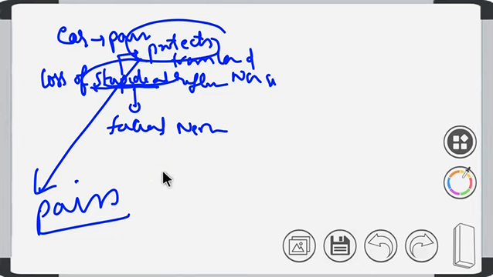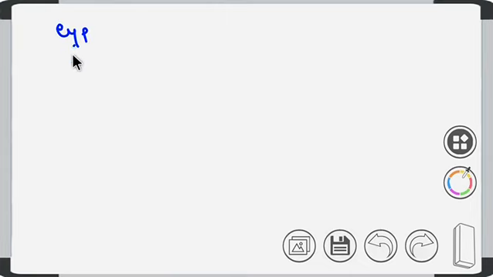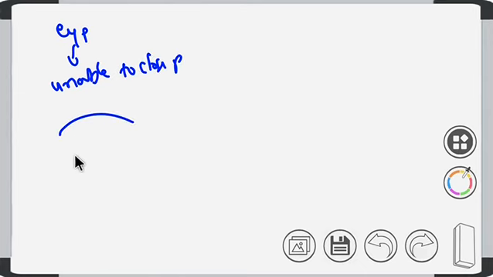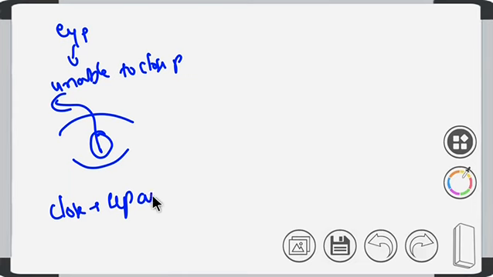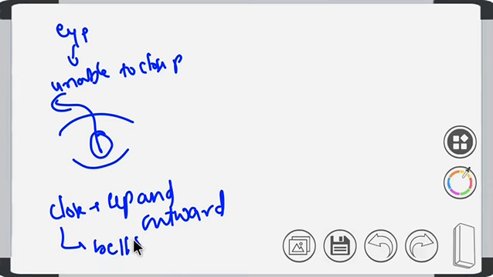And if we take the eye, the patient is unable to close his eyes. If he tries to close the eyes, the eyeball turns up and outward, and this is called Bell's phenomenon.